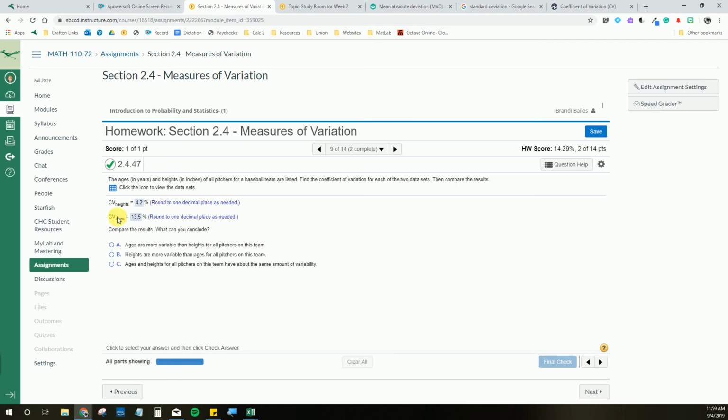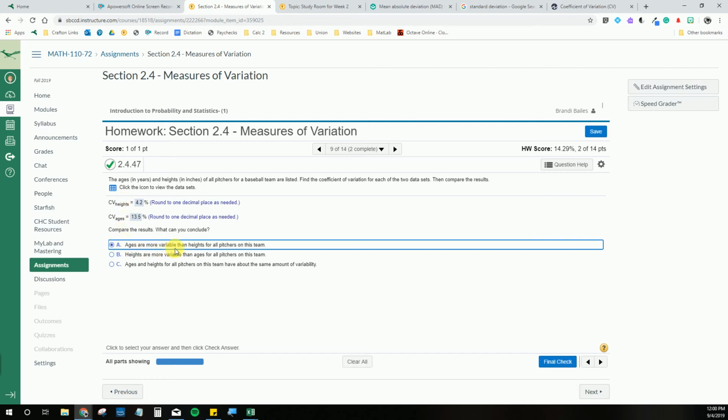And now, even though I'm measuring two completely different things, heights and ages, I can make a comparison of how much variation each one has and answer that, let's see, ages are more variable than heights. Yes, ages are more variable than heights for all pitchers on this team. Or heights are more variable, which is not true because this percentage is a lot smaller, or they're about the same, which is not true because these numbers don't look anywhere near the same.